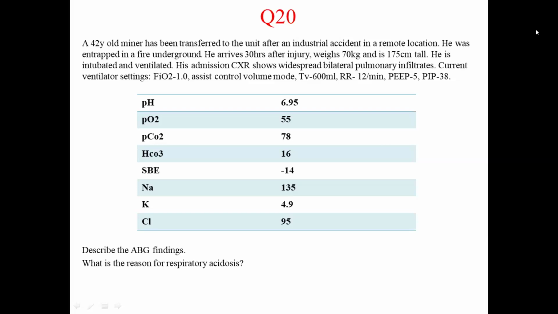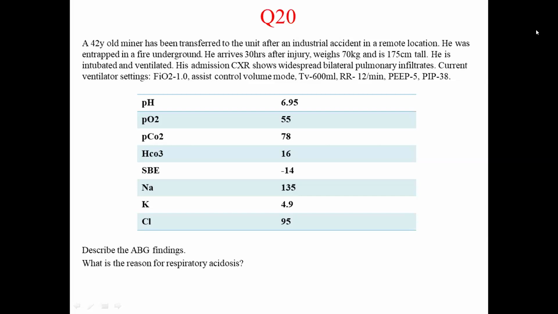95 minus 80 is 15. Ma'am, here since the pH is 6.95, will that formula be applicable? The decimal is after 6, not after 7. That 80 minus point whatever is after the decimal.